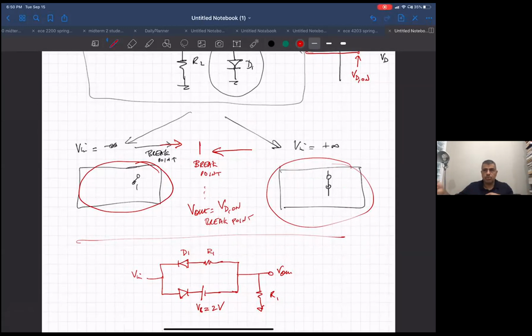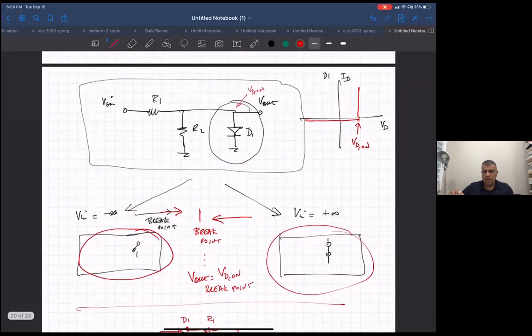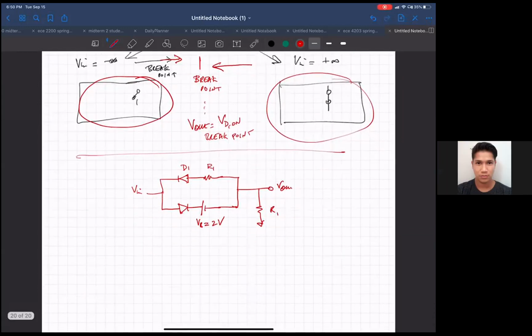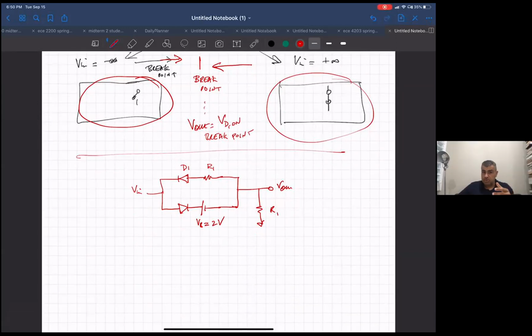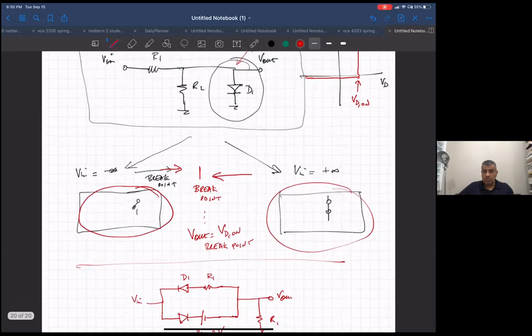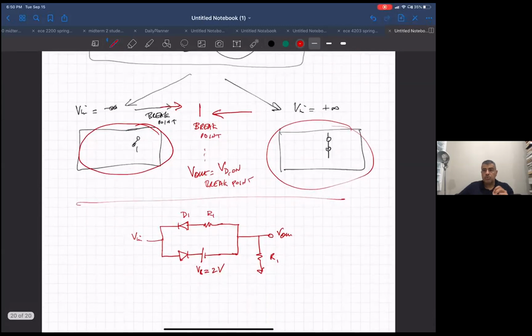So these are the kind of tools: pushing to either extreme and using these simplified diode models and stuff like that. But if that's all you use, there's a good chance that your guesses are going to be wrong because things are complicated. So that's the second part of this dichotomy, is you have to get used to using math to check whether your assumptions are consistent with the math. And so you have to kind of use both of those as things get more complicated.